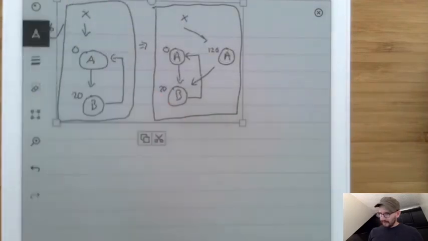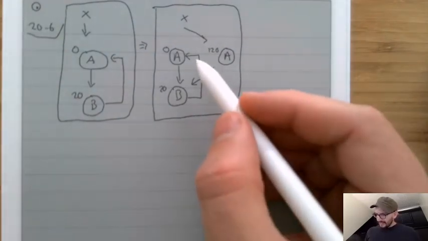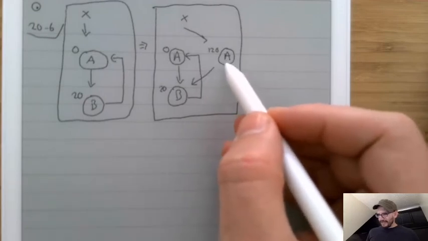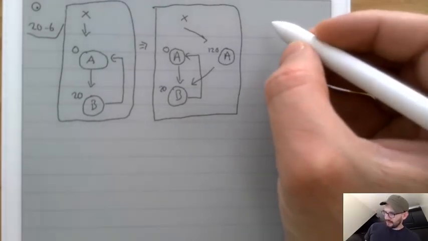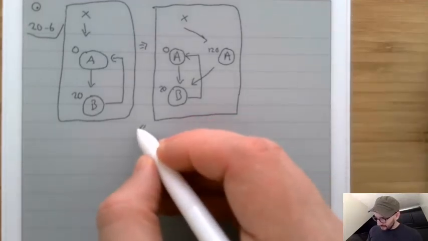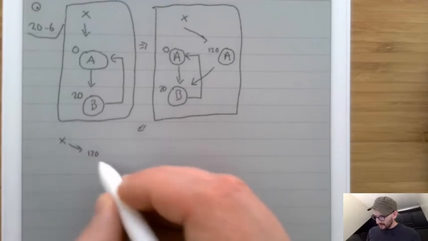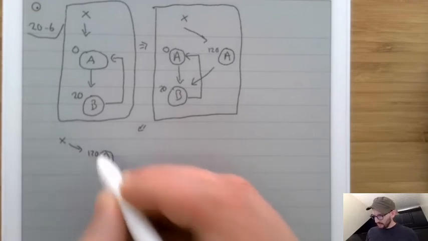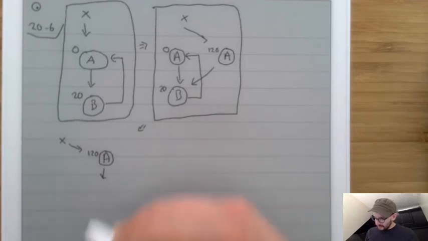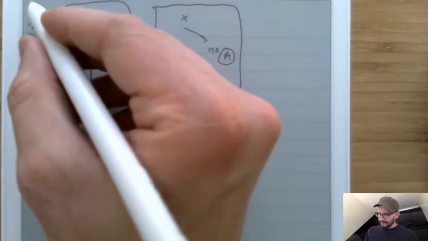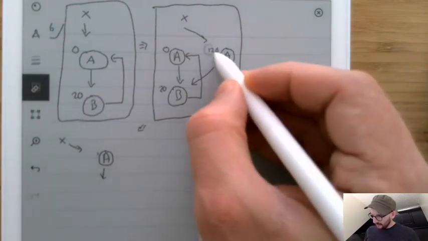What happens next is that we scan this A. So we have X pointing to 120, which is A. Sorry, we don't want that to be 120, we want that to be 100.